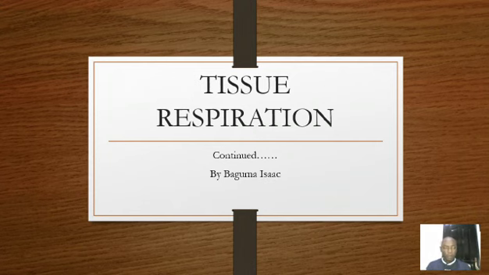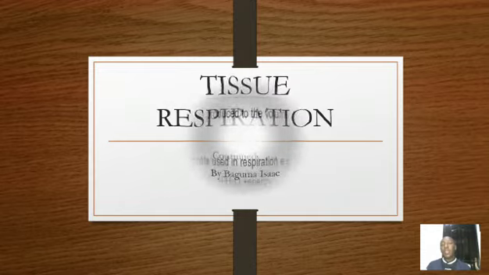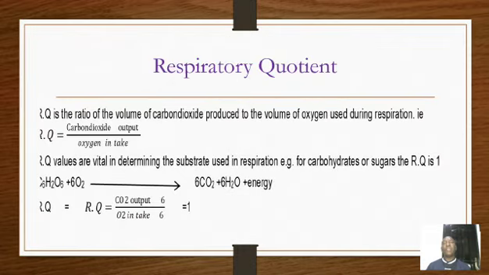Today we want to move on and we look at what we call respiratory quotient, RQ. Now remember, when we were looking at respiration, we said that it involves the use of oxygen, that is if it is aerobic, and no oxygen if at all it is anaerobic.